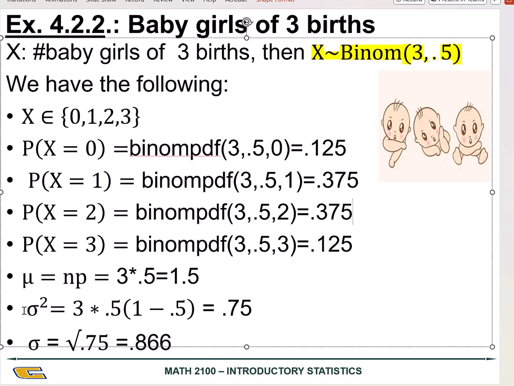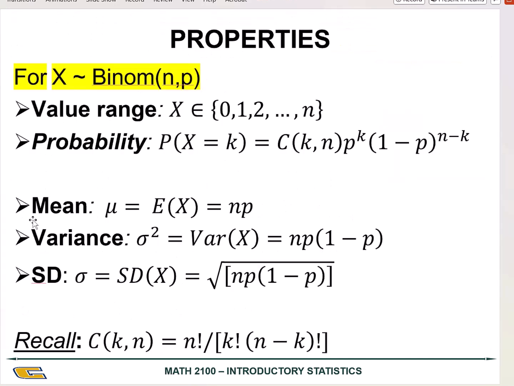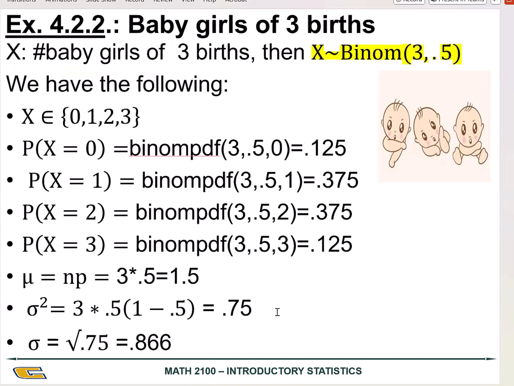And we can also get sigma squared, which is the variance, using the formula n times p times (1 minus p), and you get 0.75. You can also calculate the standard deviation, which is the square root of 0.75, and you get 0.866. So you see, now you know everything about how this random phenomenon is distributed.